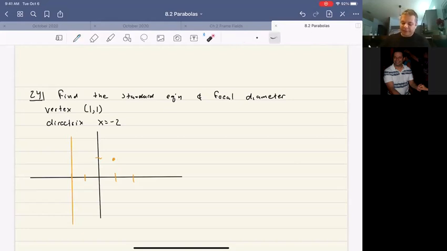From here to here is 1, 2, 3, so that means our focus should be 3 from the vertex, here at (4, 1). Then I'm going to draw my parabola, away from my directrix, around my focus.